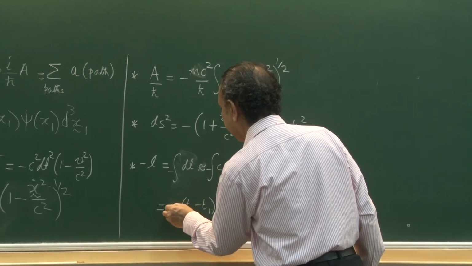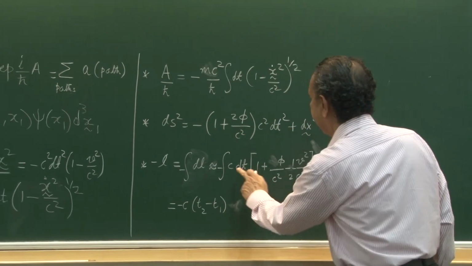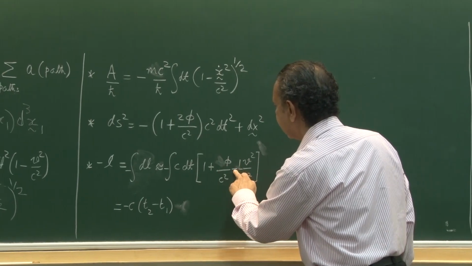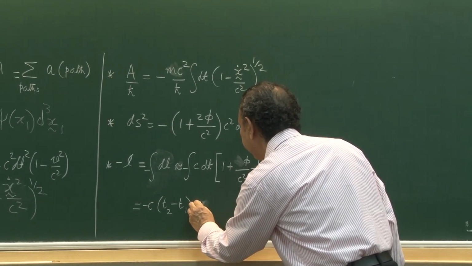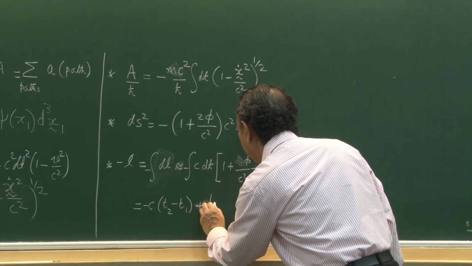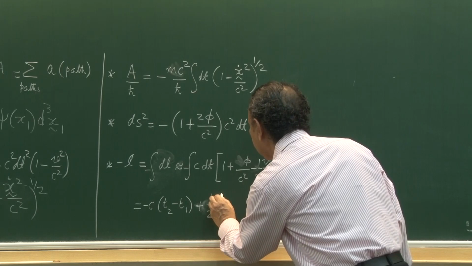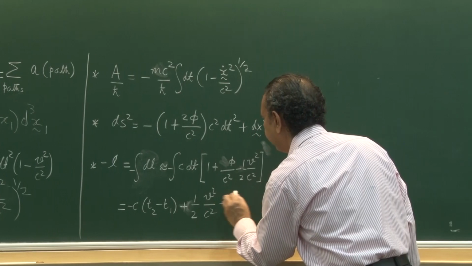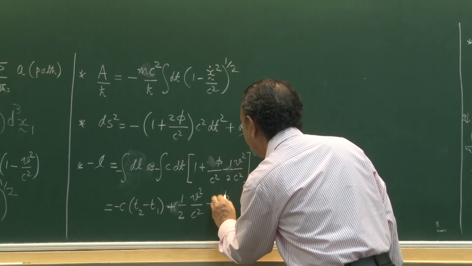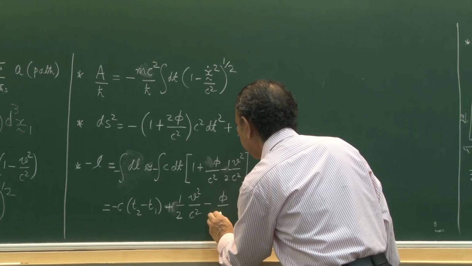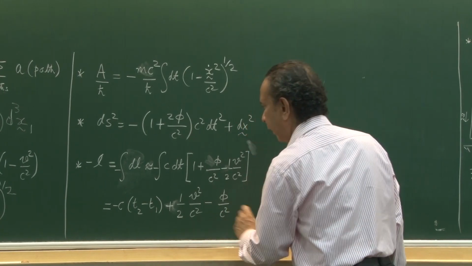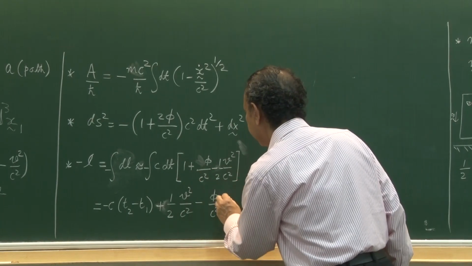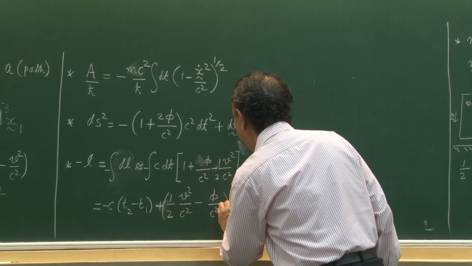So, I put a minus sign here, and then this quantity I am going to take the rest of it with the minus sign. So, that minus sign acts on this and it gives me plus half v square by c square, then minus phi by c square.